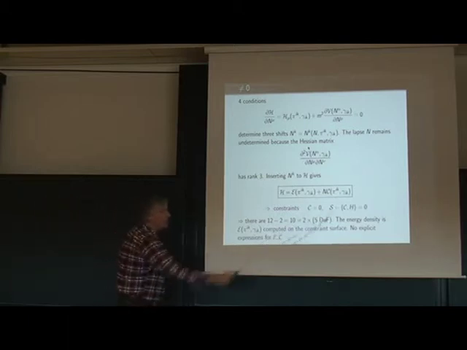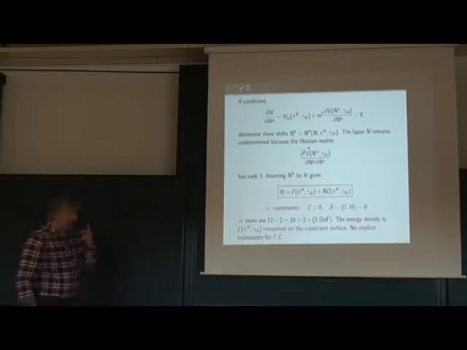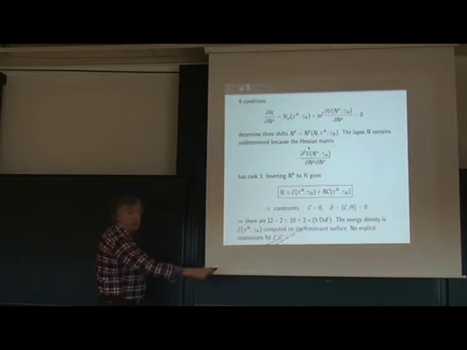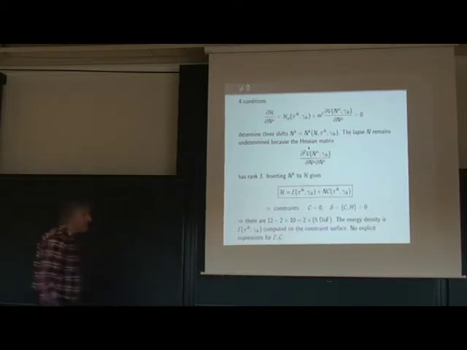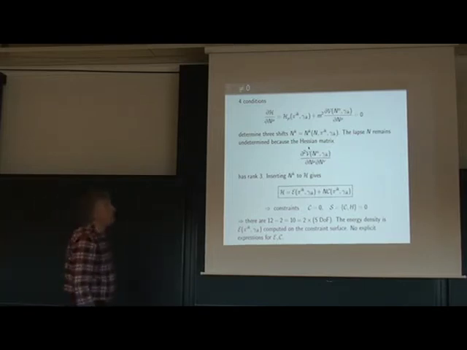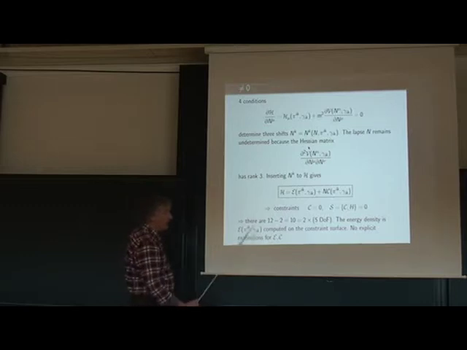Therefore, there are two second class constraints, and this reduces the number of phase space variables to 10, which corresponds to 5 polarizations of massive gravity. So here is the count. And then the energy on the constrained surface is just this.